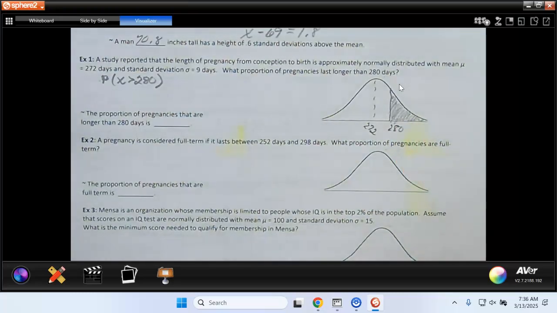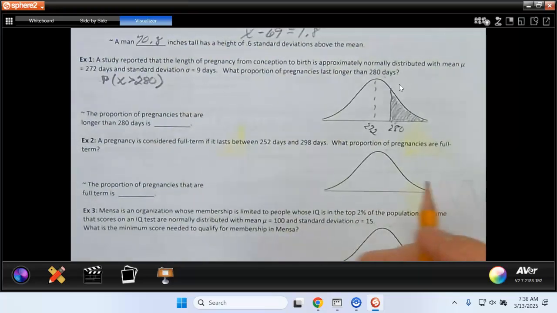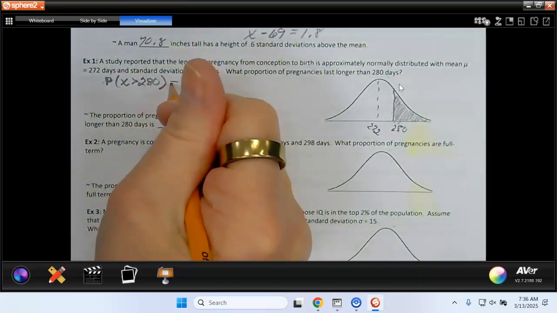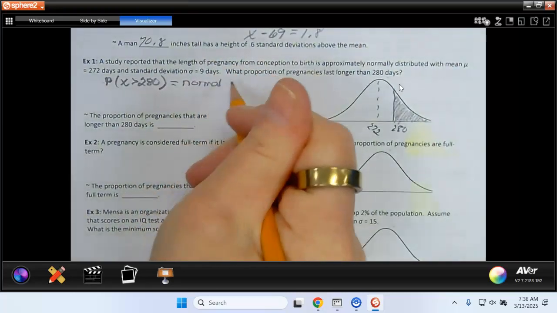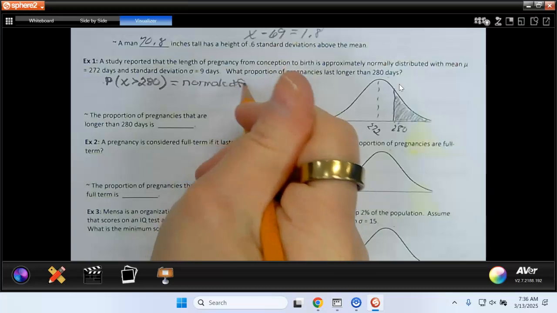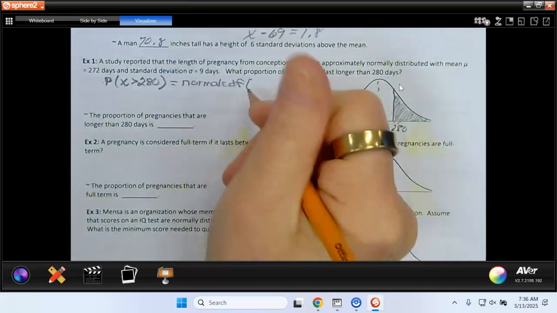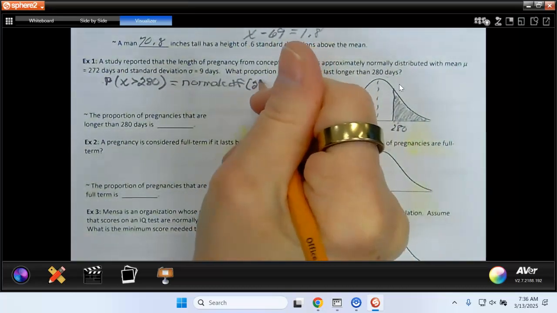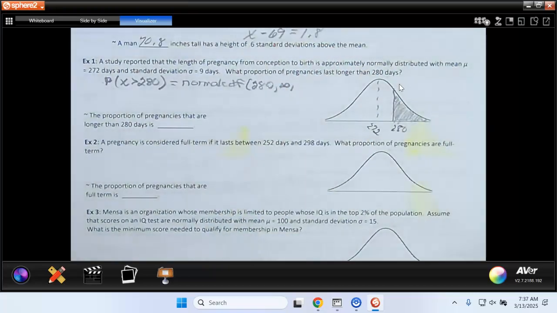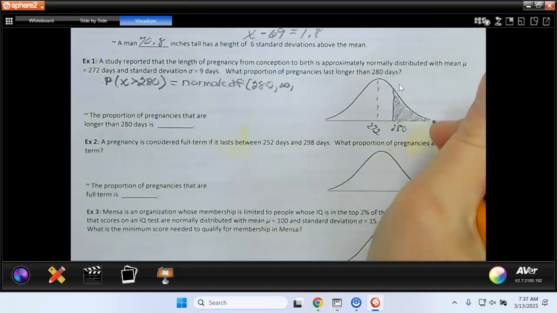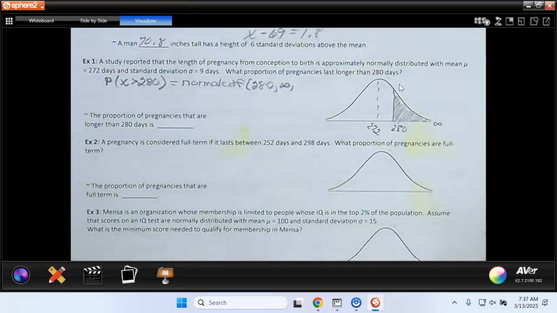It's not looking for discrete. It's not a binomial situation, so you use normal CDF. The shading starts at 280 and ends at infinity, which would be traumatic if it was a pregnancy.